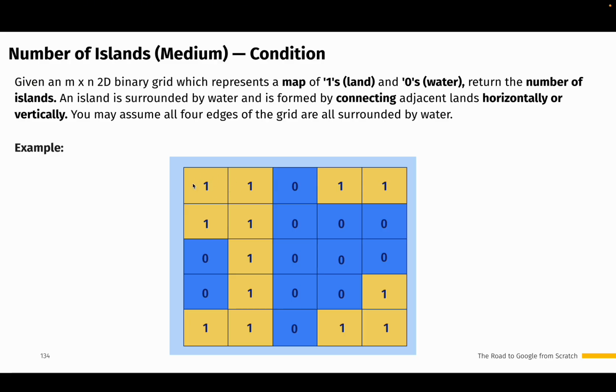So for this cell we will need to check the neighbor from the right, the neighbor from the left, the neighbor from the top, and the neighbor from the bottom. If for example we check the neighbor from the right and it's 1, we don't need to increment the counter because it's part of an island which we have already found.